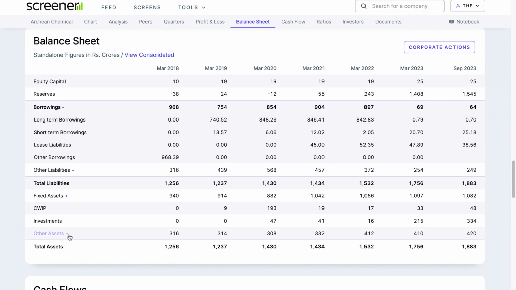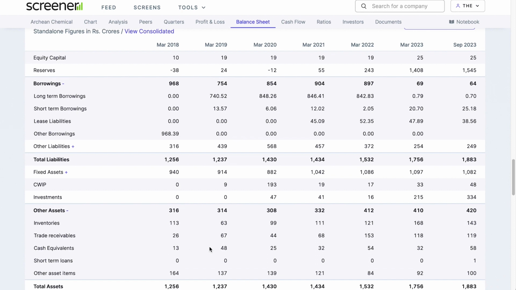If I have to compare that with cash equivalents, then we have a cash equivalent of 58 crore. It's not much, but it is good enough to cover these costs at that point. I would want to see this increasing in the meanwhile, but as of now, that's fine.